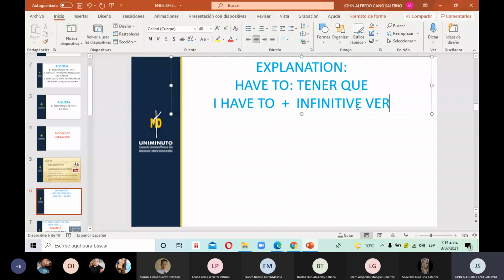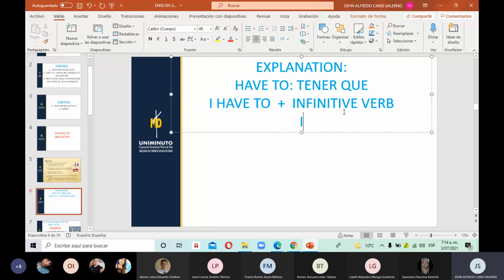Example. I have to study English. Okay, I have to study English. It's like yo tengo que estudiar inglés. Tengo que. I have to. So after have to, you are going to put the verb in infinitive form or base form.